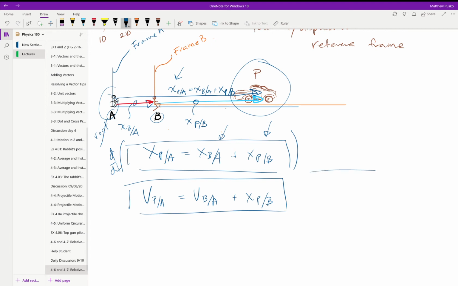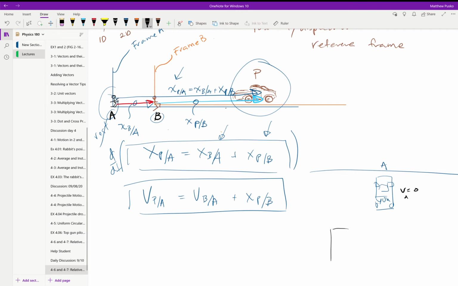Let's make sense of this one real quick. Let's say you're at a stoplight and you're in your car. This is you in your car, let's call it A. You're at rest, so we'll say the velocity of A is equal to 0.